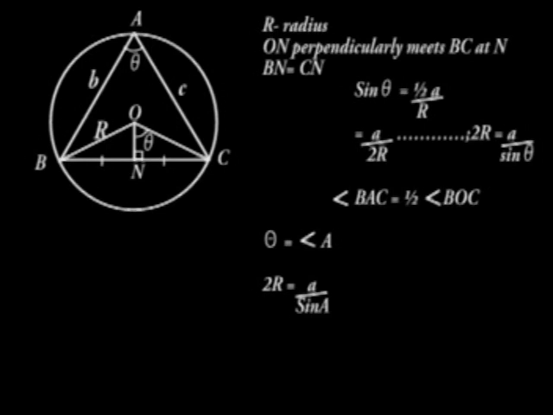If theta is equal to angle A, then equation 1 can be written as 2R is equal to a over sin A. It can therefore be concluded that a over sin A is equal to b over sin B, which is equal to c over sin C, and this is equal to 2R.